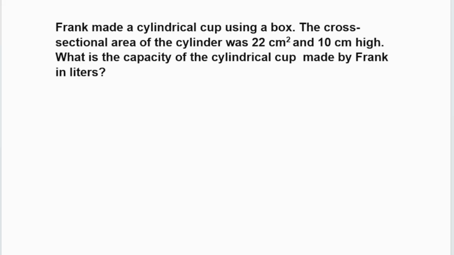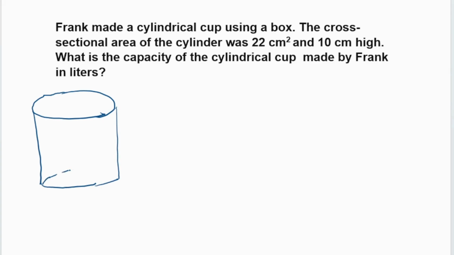Now we have this cup here, which is cylindrical in nature, and we have been told that the cross-sectional area of this cylinder is 22 centimeters squared and it is 10 centimeters high.